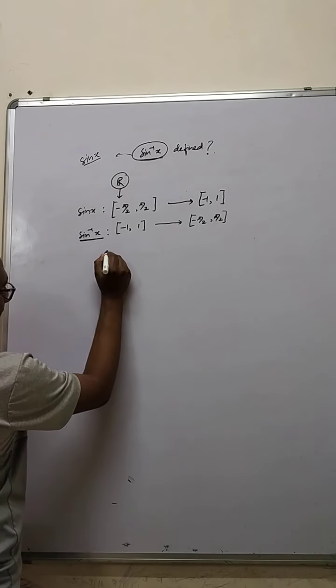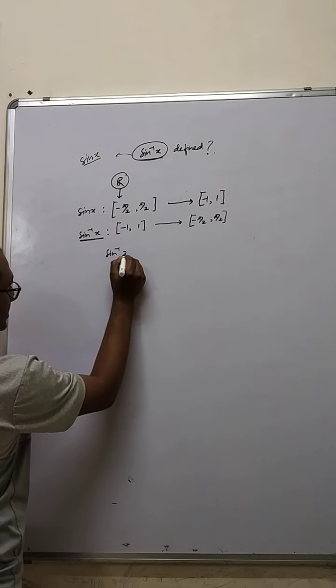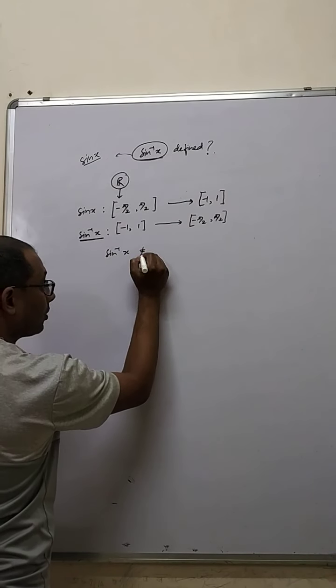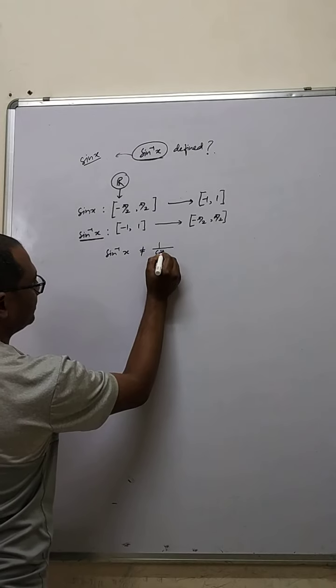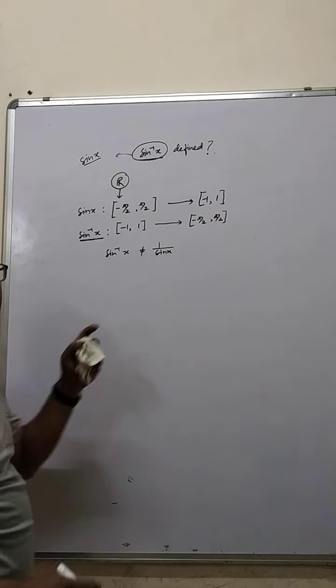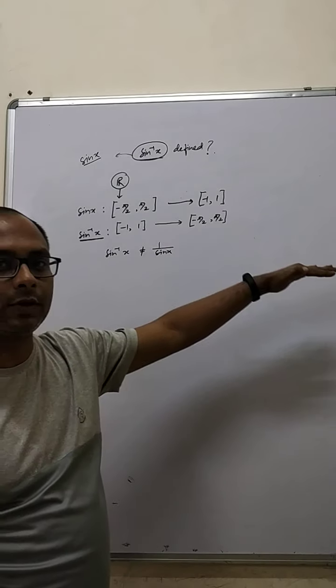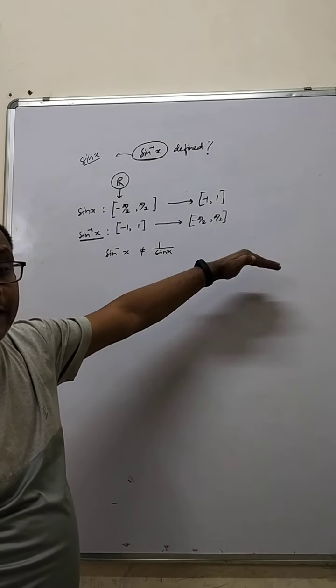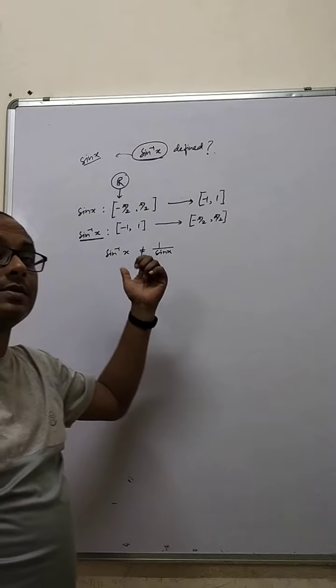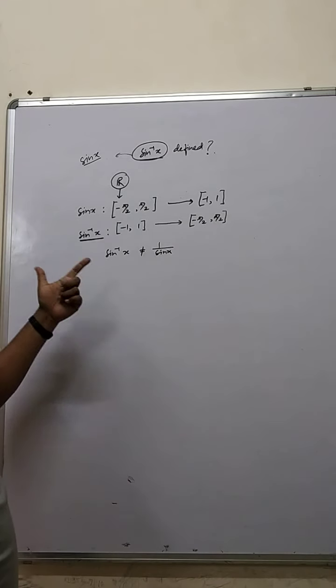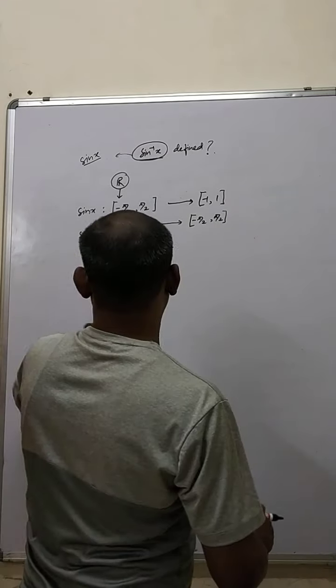One must note here that sine inverse x is not equal to 1 by sine x. We know that 1 by sine x is cosec x. It is in fact the inverse function which runs from the range of sine x to the restricted domain of sine x. So this is how sine inverse x is defined.